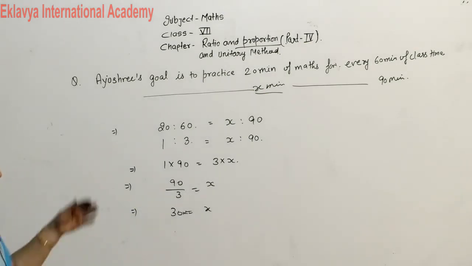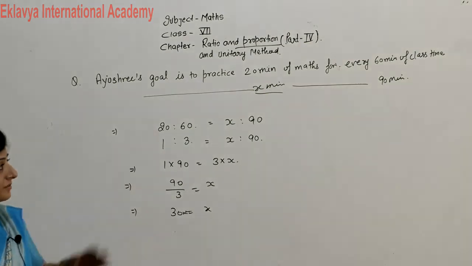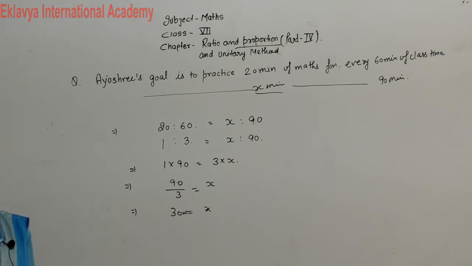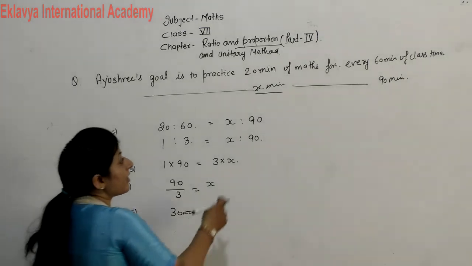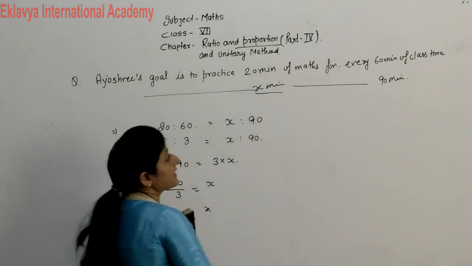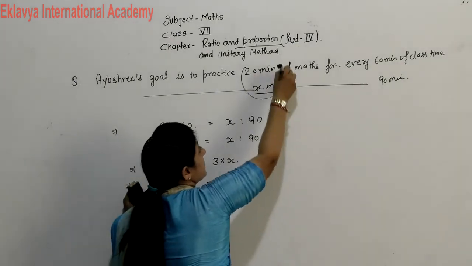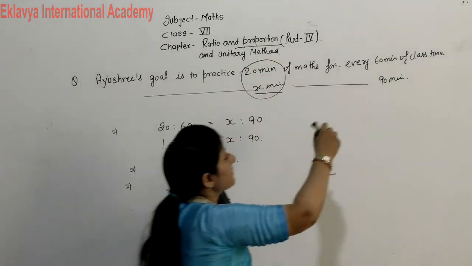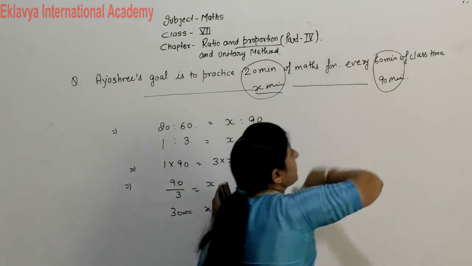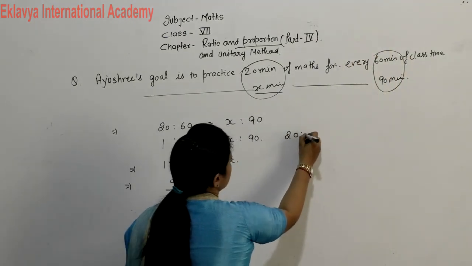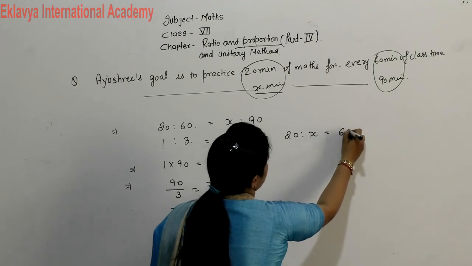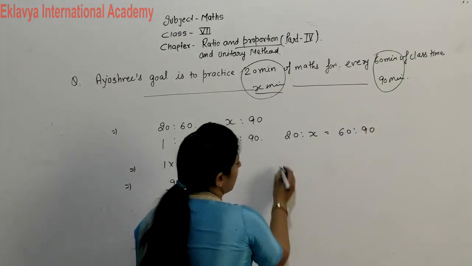Here I directly compared, because the unit is the same in this situation. If we want to do it this way, we compare the same things: 20 minutes and x minutes, 60 and 90. You can write 20 ratio x is equal to 60 ratio 90.